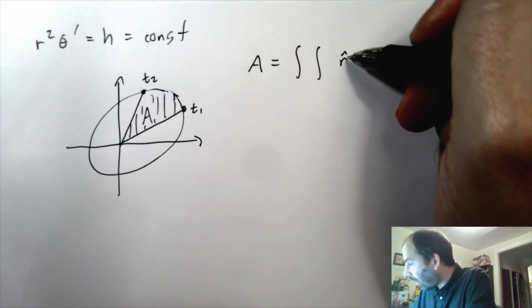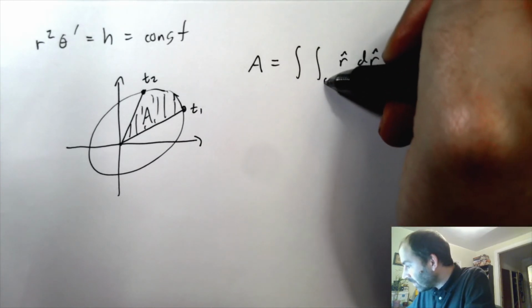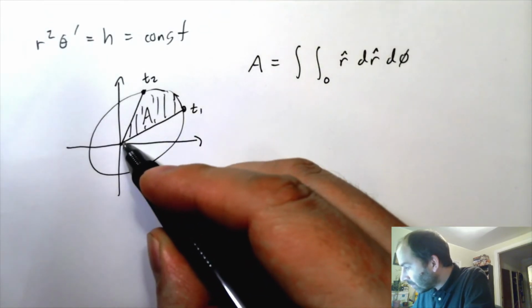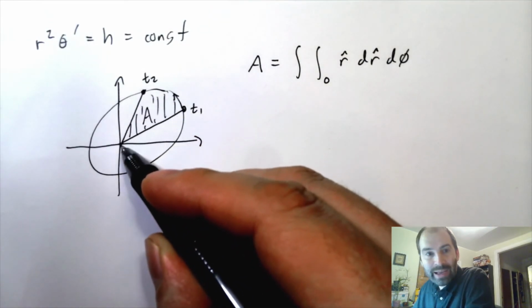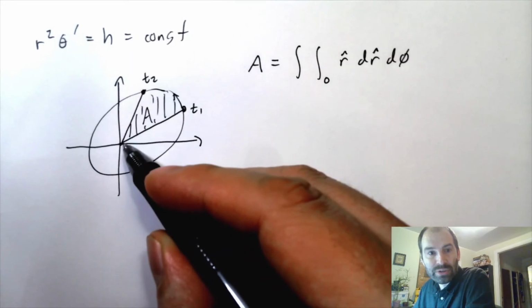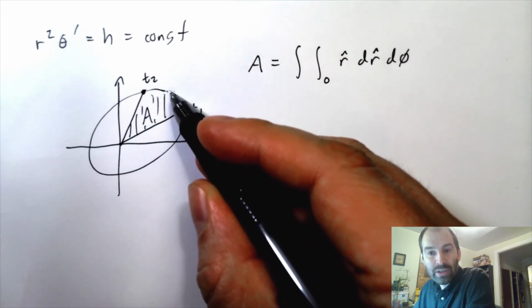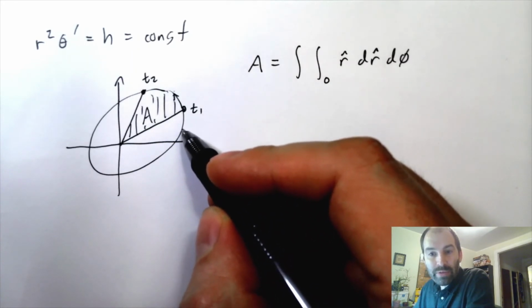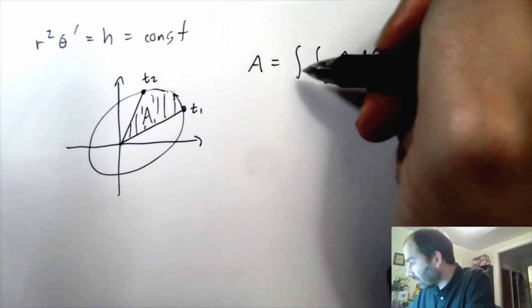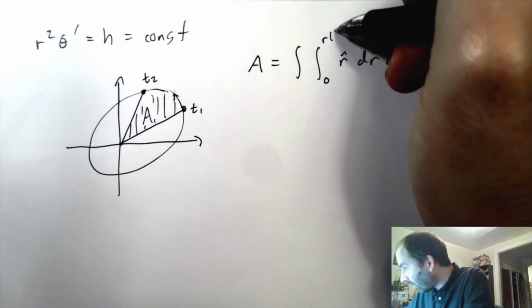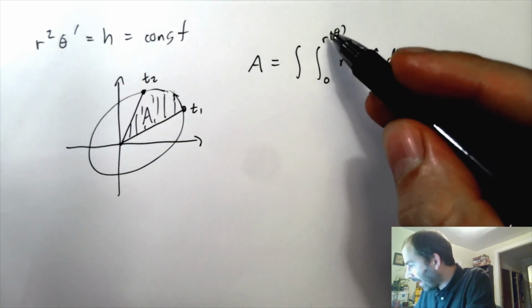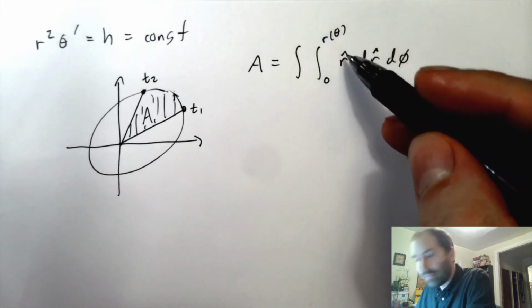Where r hat goes from 0 to, well, it goes from 0 to out here, right? I've got to span this whole region, so I've got to go from 0 out to the boundary. Remember, the value of r is dependent on theta, so this goes from 0 to r of theta. And that's why I used r hat. These variables can't be the same when you do an integral.